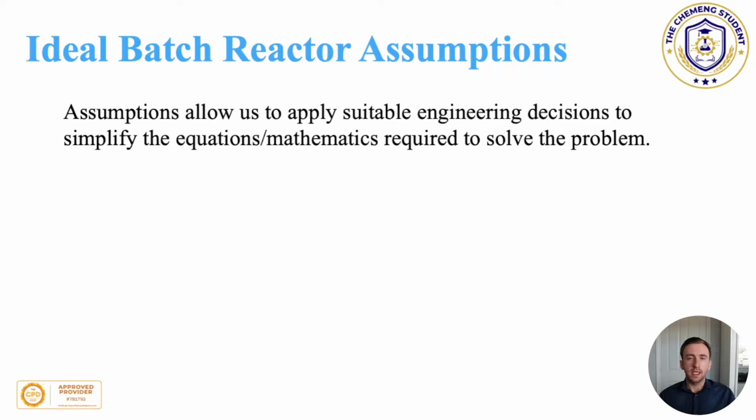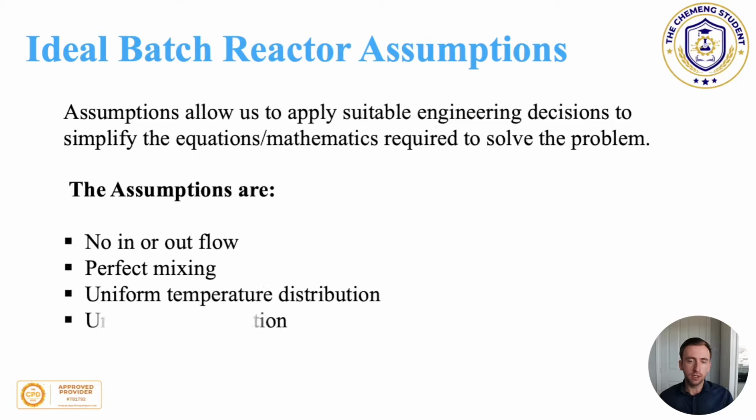Now, if we take a look at the assumptions that we need to make when we design an ideal batch reactor, the assumptions will allow us to simplify the equations and make the mathematics a bit easier in order to solve the problem. The assumptions for an ideal batch reactor are that we have no in or out flow, so the steady state argument doesn't apply in this case.